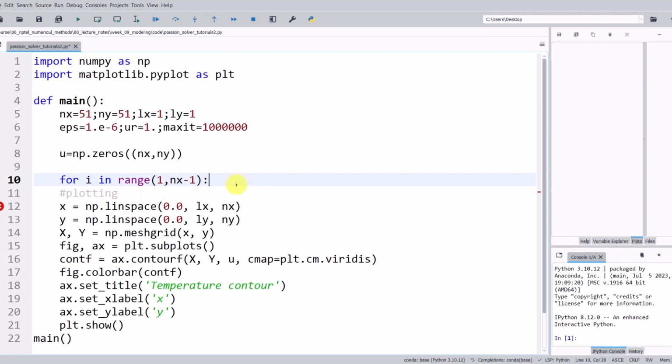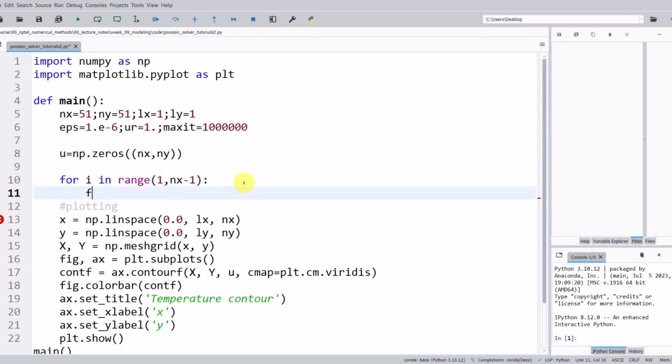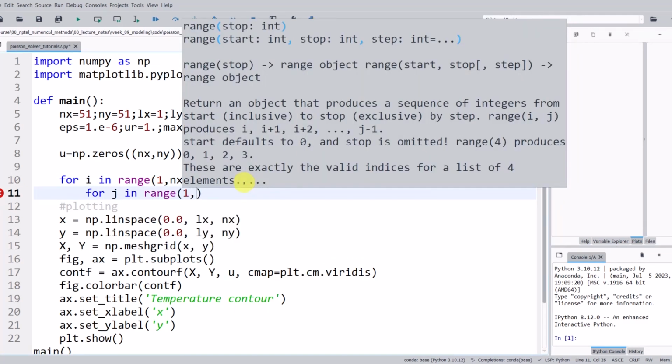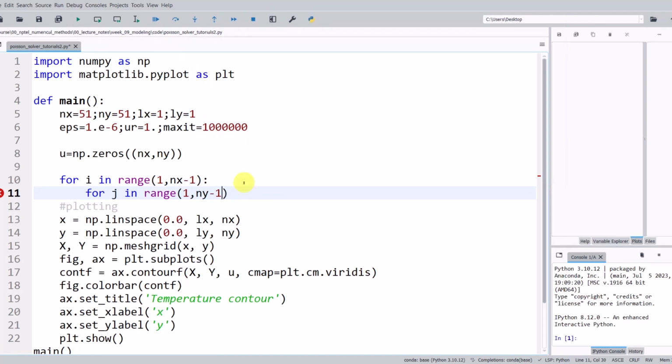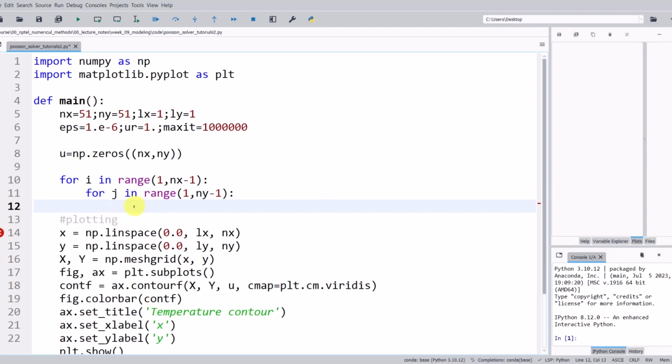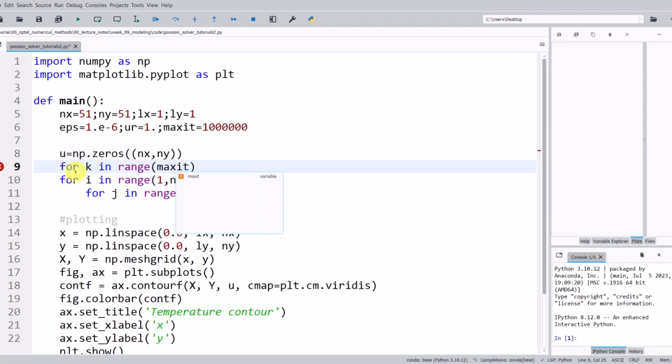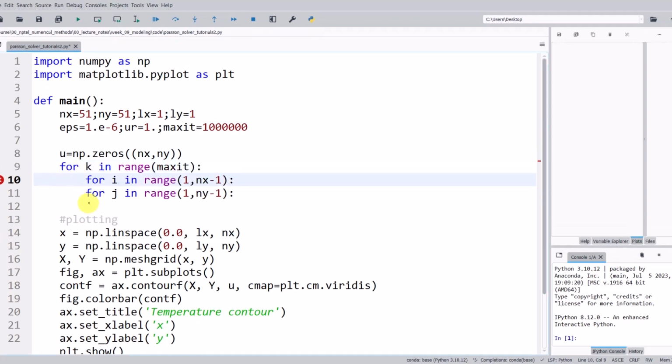These are the interior points we are talking about. And for j in range 1 to ny minus 1, this covers the interior points. The boundary you will take a look at later. And of course over this there will be this iteration loop. So let's put this iteration loop: for k in range max iterations.